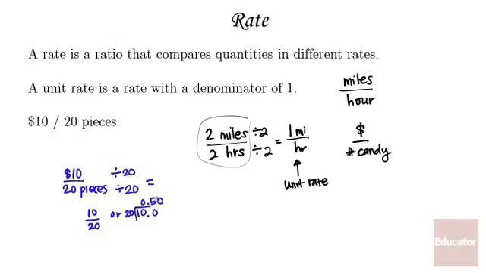Not 5 cents, be careful. This is 50 cents. So the unit rate would be 50 cents per piece. I could put 1 in front of it if I want, but if I just say per piece, then I'm talking about one piece. So you can leave it like this, and this would be your unit rate.